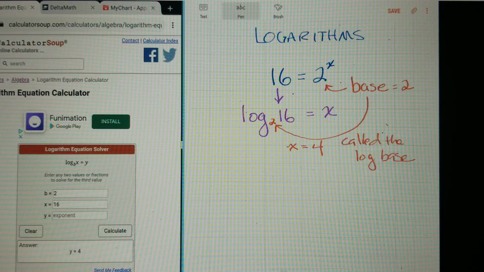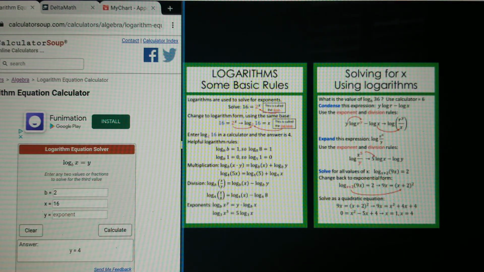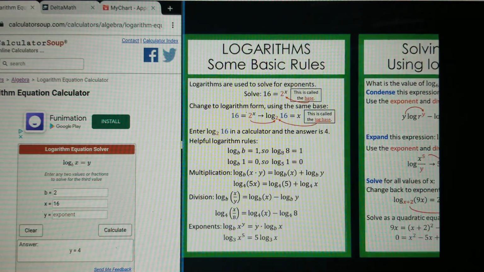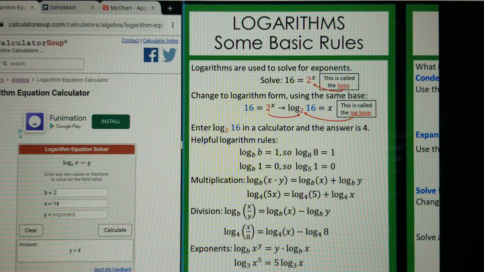All right, so that's your basics of logarithms. I also want to point out that on the blog, I put the basics of logarithms and how to solve these problems. One page is all these basics with these helpful little things, since logarithms are basically kind of backwards exponents.